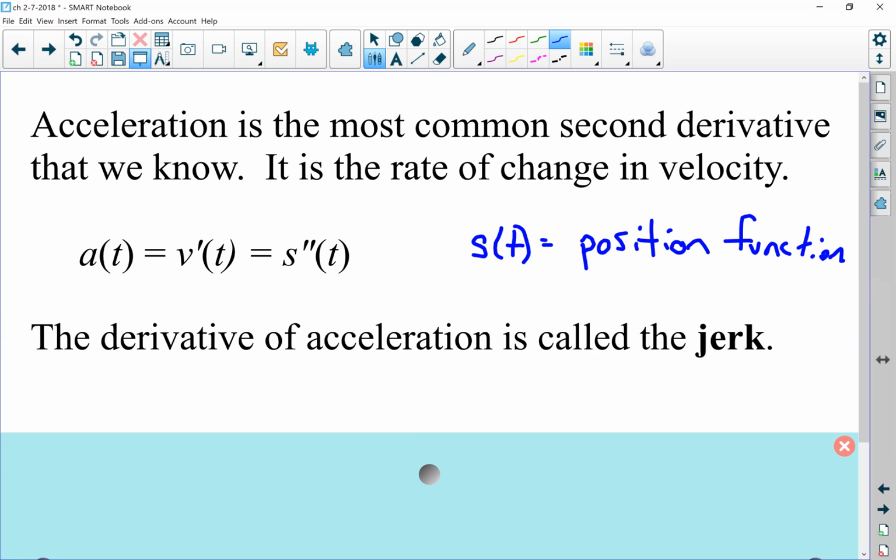Because we can take a second derivative, we could also take a third derivative. And the derivative of acceleration, or the third derivative of the position function, is called the jerk function, or the jerk.